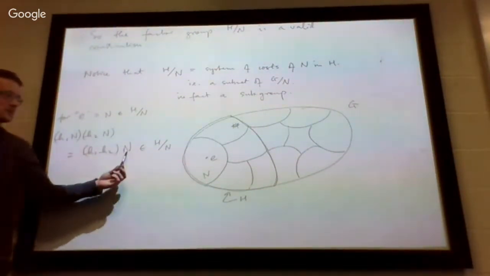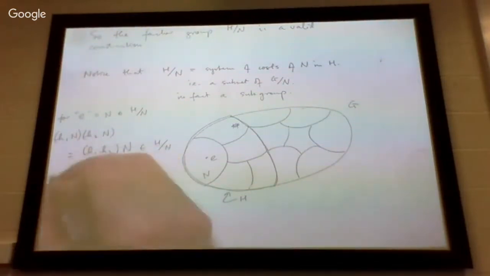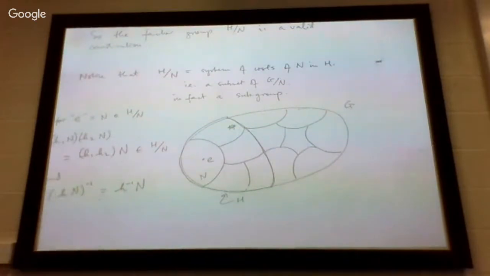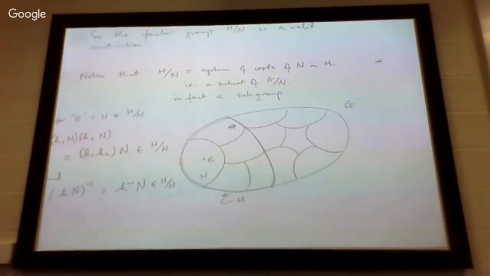So this is again a coset of N within H. So it contains the identity, it's closed under multiplication, and it obviously contains inverses. The inverse of this, you already know, is the coset represented by the inverse element of the little h. And this is again mod N.